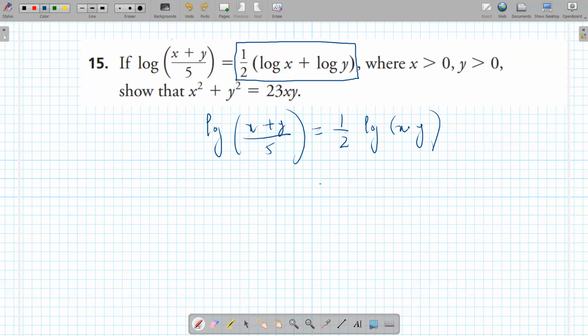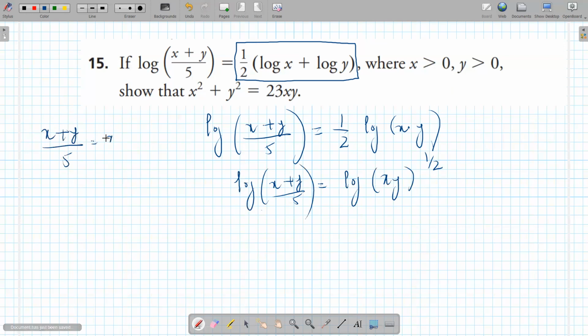Log of xy, to the power of 1 over 2, like that. Now, can you cross out the logs? Yes. So that's going to give us (x plus y) over 5 equals (xy) to the power of 1 over 2.